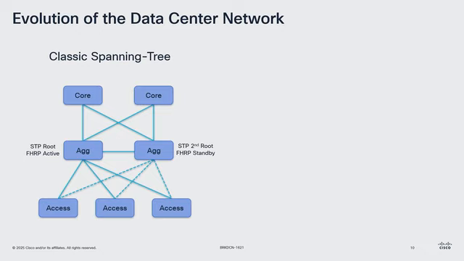So for my hosts, my endpoints, a lot of the times my default gateway was sitting at the layer 2, layer 3 demarcation at the aggregation layer. That was my boundary.